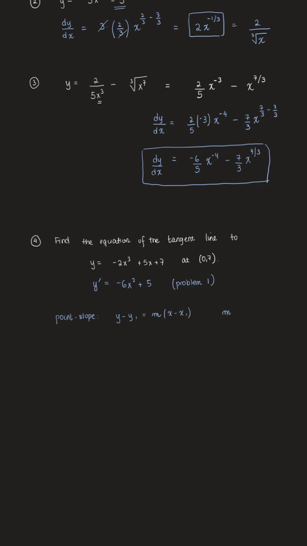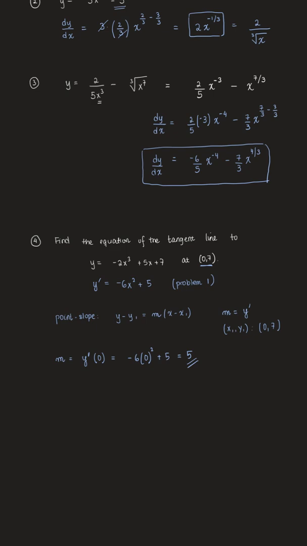Here, m is the slope, which will be the derivative evaluated at our point, and x1, y1 is the point that we have on the curve, which is 0, 7. So let's find the slope by evaluating the derivative when x is 0, because that's our point. I'm going to take the derivative and put 0 in place of x, and you can see that that's going to give me a slope of 5.